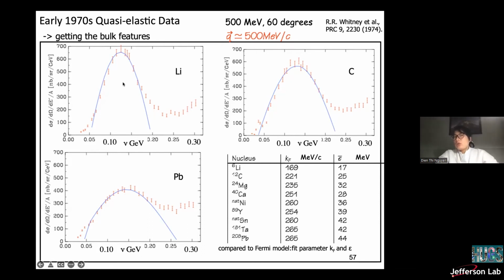But you also notice that we see the behavior of the quasi-elastic peak, and it works well at low values of the transfer energy. But at high energy transfer, the data is way bigger than what we expected. So there is something else happening here, and we're going to take a look at that.